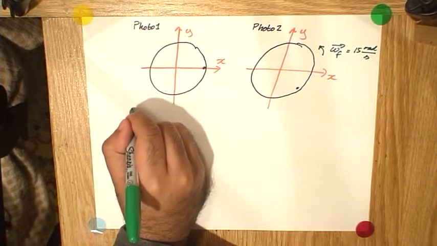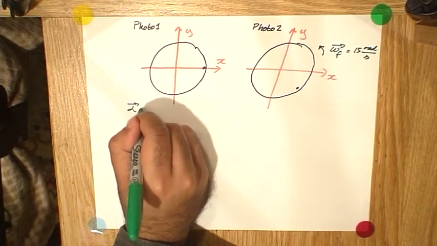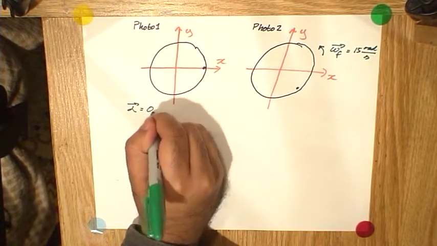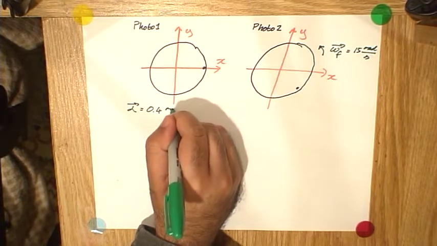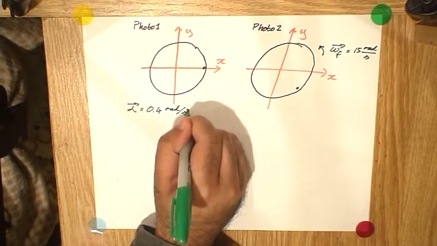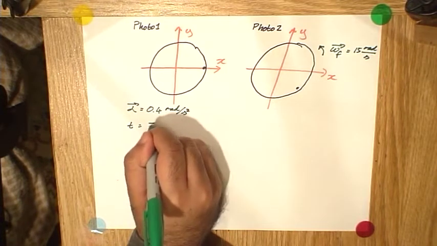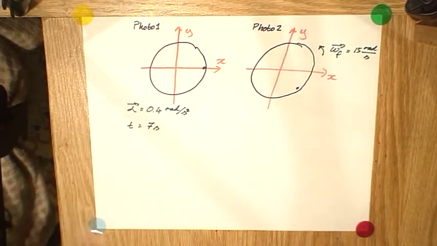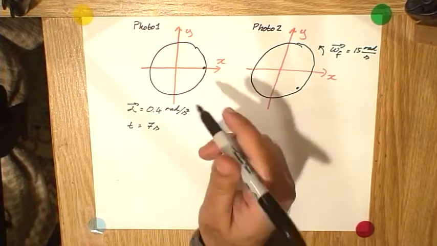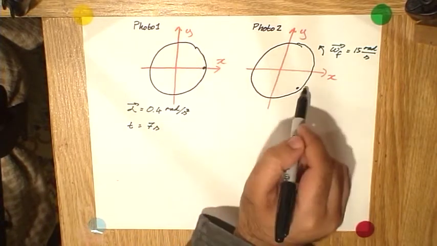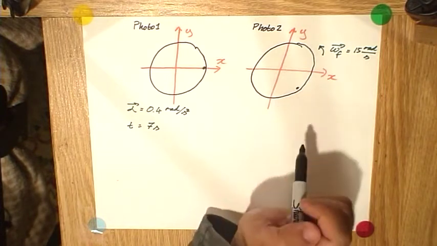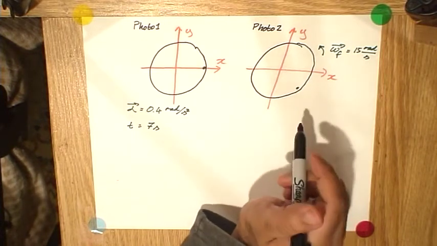We also know that the angular acceleration was 0.4 radians per second squared. The time was 7 seconds. And we are being asked to find the initial velocity and the displacement of this marker, basically.